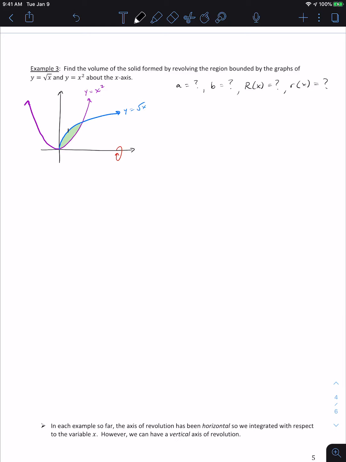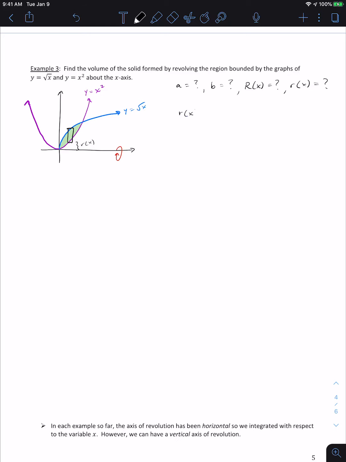In order to do this, we put our little rectangle in here, because this is our rectangle that we would revolve around the x-axis in order to get our donuts. And we think, okay, how do we get the bottom part of it, the little radius that goes from the bottom of the rectangle to the solid there? So this little one is r of x.